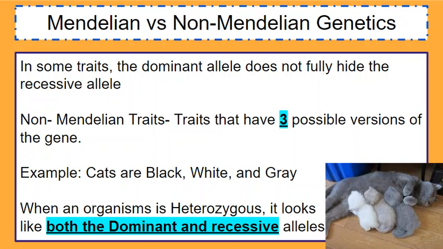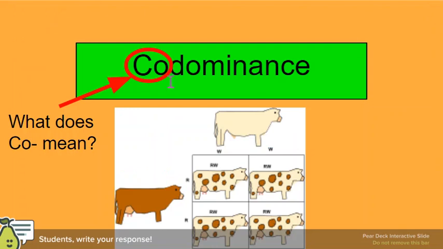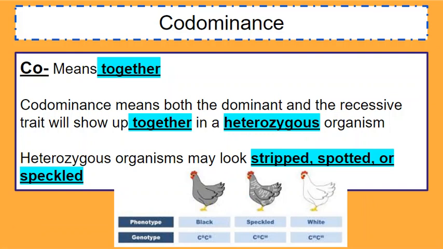The first way that both alleles can show is co-dominance. Think about that co. What does co mean? If you collaborate with one of your friends, or me and my co-teacher. Co means together.